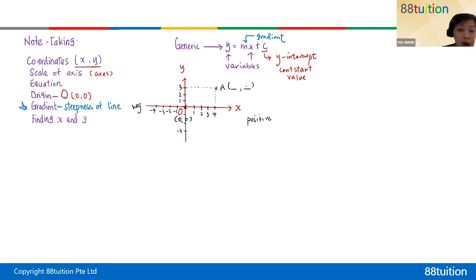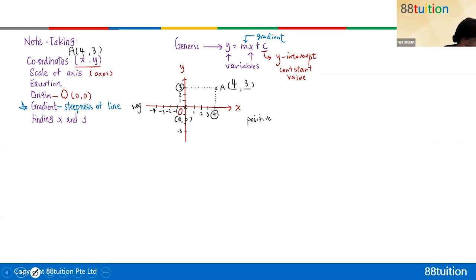For A, where does it touch on the x-axis? 4. So this is the x value. Then y is at 3 here. So (4, 3): the value of x is 4, y is 3. So I'm going to put it as this and put my A here.